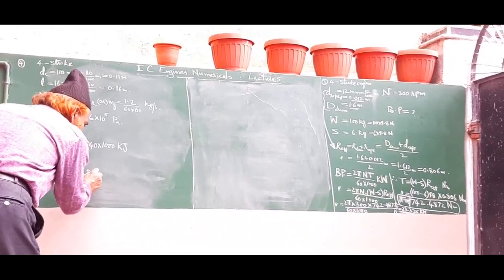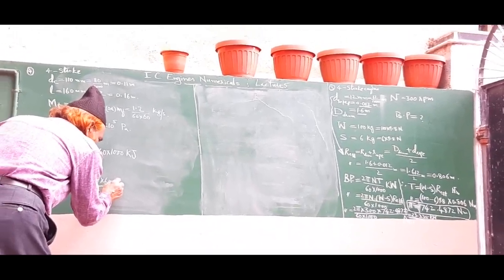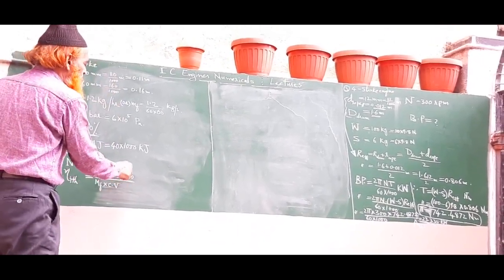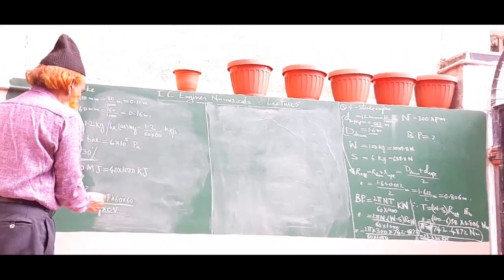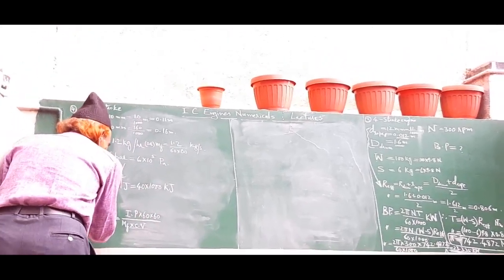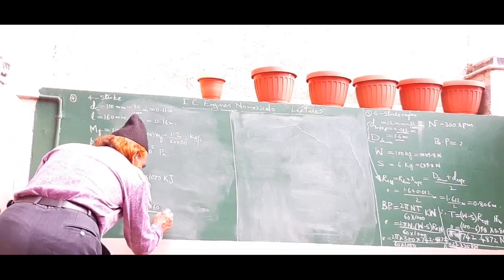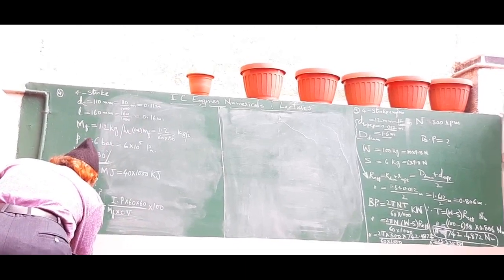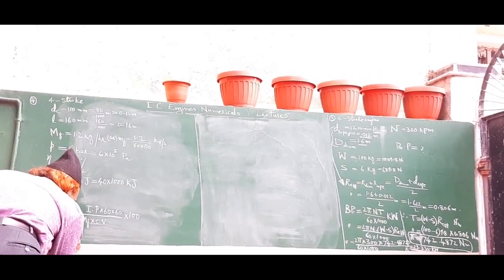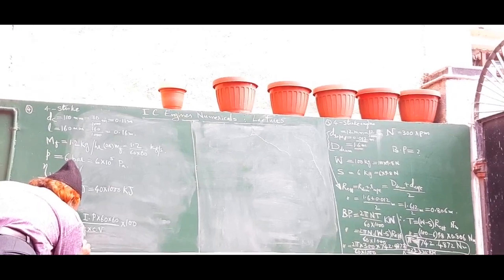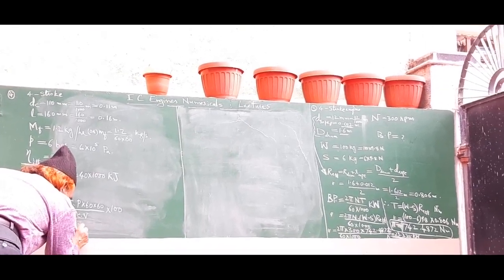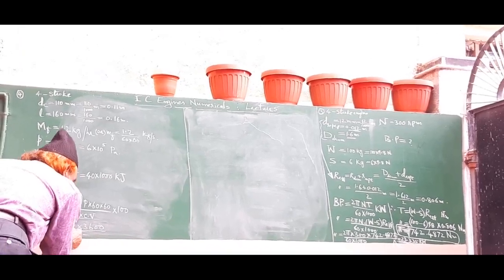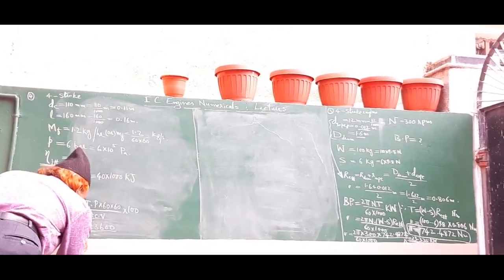If it is capital MF, it is supposed to be 60 into 60; otherwise, if small mf, then enough. One and the same thing. Indicated thermal efficiency is given as 30 into 100, so 30 is equal to IP into 3600 divided by fuel consumed per hour, that is 1.2.